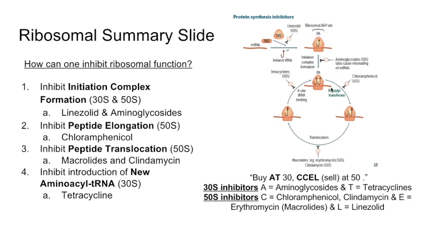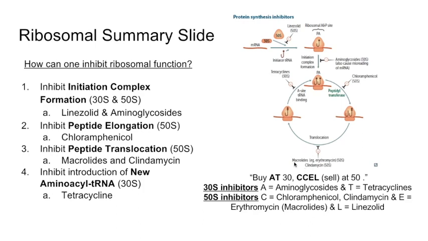So that's the first process that you can block. The second process is that you can block peptide elongation. So that's in the 50S ribosome, and that's using a medication called chloramphenicol. The third process that you can block is translocation. So that's moving the growing peptide chain from one side to the other.